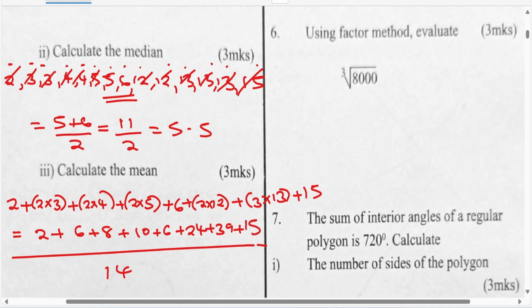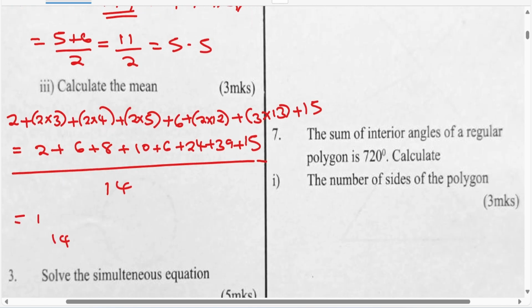Two results, so let me confirm again. 2 plus 3 plus 3 plus 4 plus 4 plus 5 plus 5 plus 6 plus 12 plus 12 plus 13 plus 13 plus 13 plus 15. Yes, we confirmed it is 110. Sometimes with a question like this you need to confirm several times to be sure.